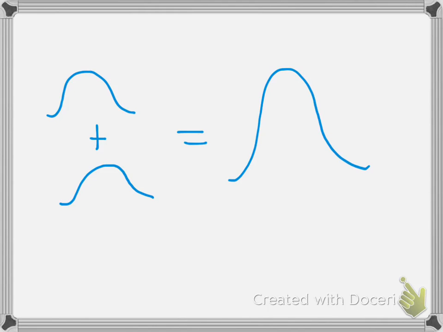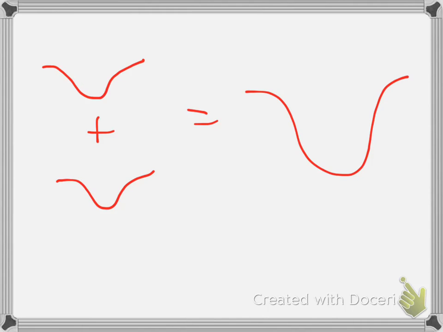Again, continuing with the concept of summation, if you had a small EPSP plus another small EPSP, that would add up to be a large EPSP. Similarly, if you had a small IPSP plus another small IPSP, they could add up to be a large IPSP.